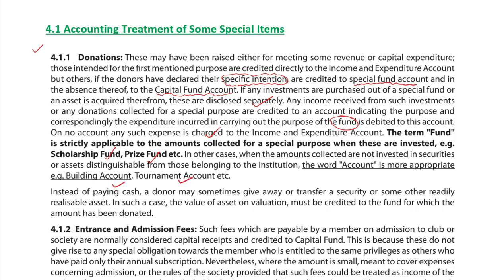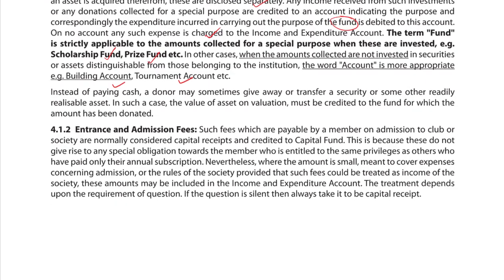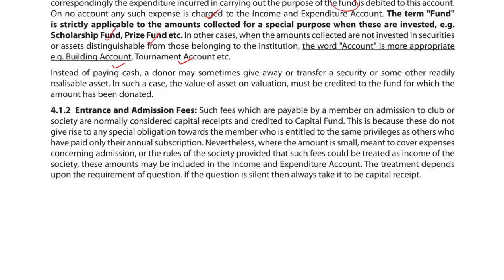Example, building account, tournament account, etc. Instead of paying cash, a donor may sometimes give away, transfer, a security or some other readily realizable assets. In such a case, the value of such assets, or valuation, must be credited to the fund for which the amount has been donated.